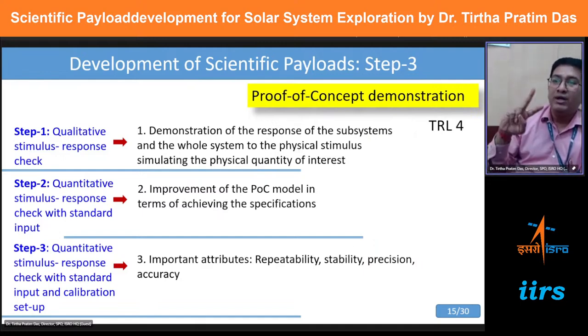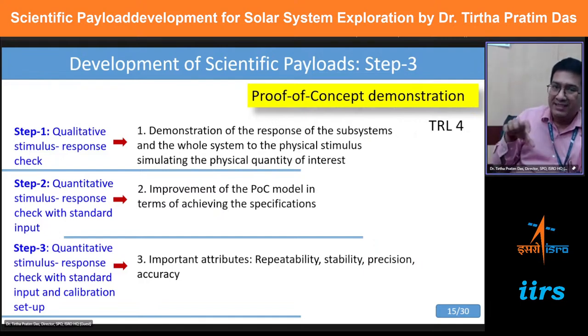So it is basically a stimulus-response check. In step 2, you are now satisfied, you quantify how much stimulus you have sent and whether the response is happening, and you check the response against a standard output.